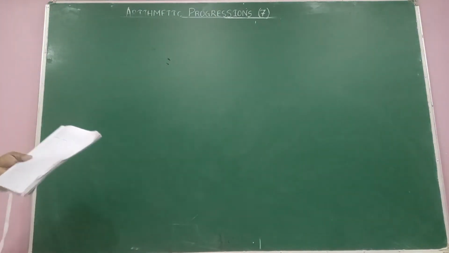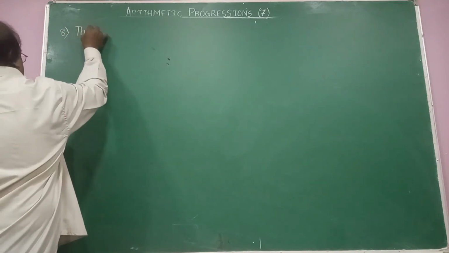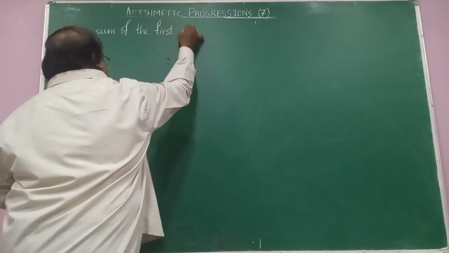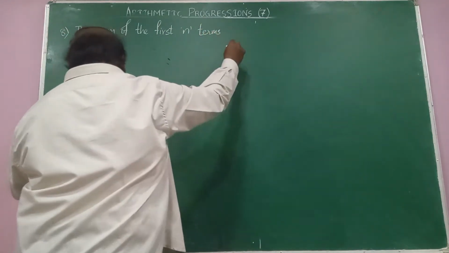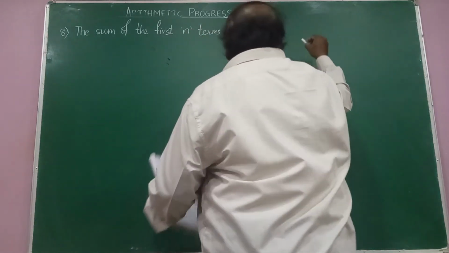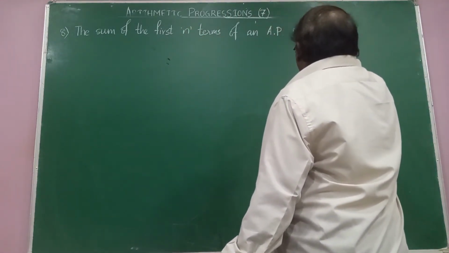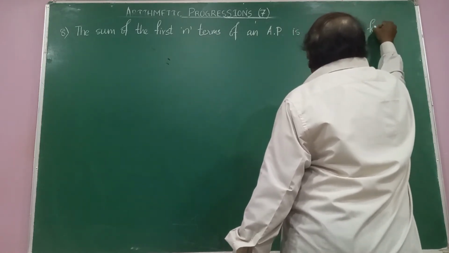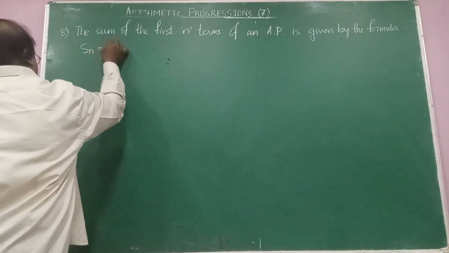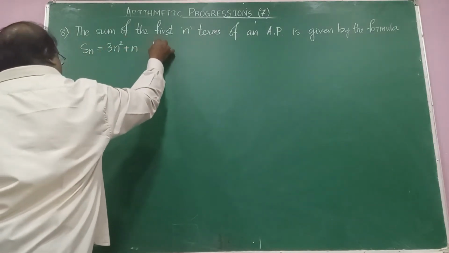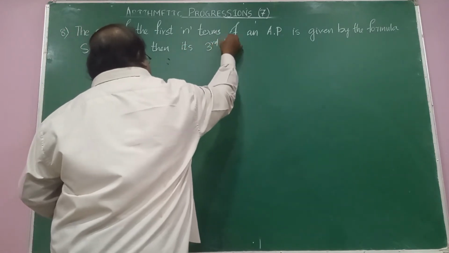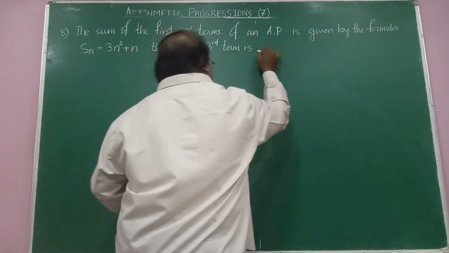The sum of the first n terms of an AP is given by the formula Sn is equal to 3n square plus n. Then its third term is dash.